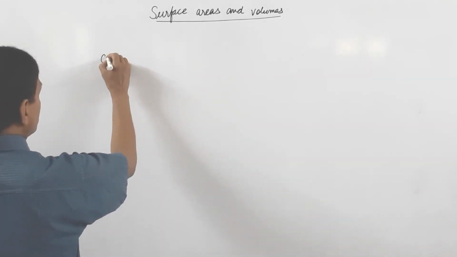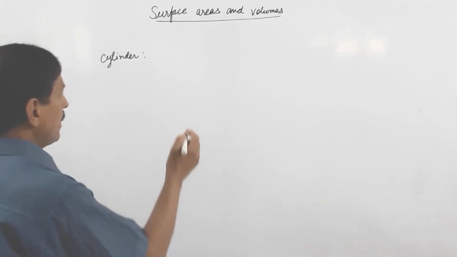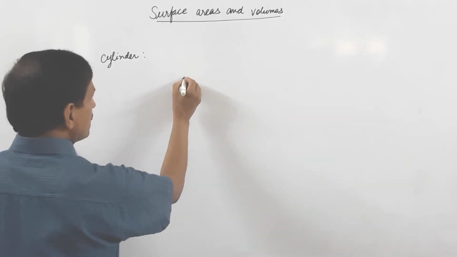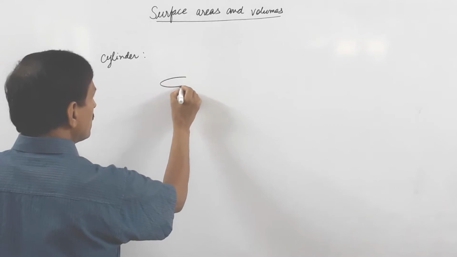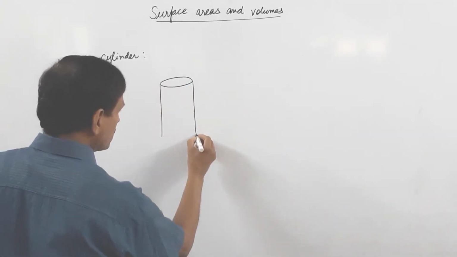The next solid is cylinder. A cylinder is having one curved surface.